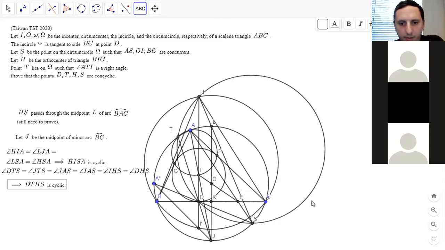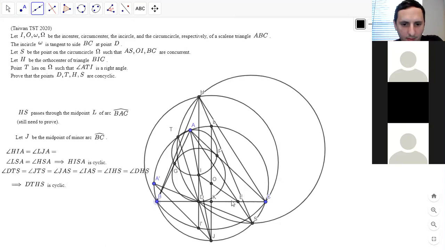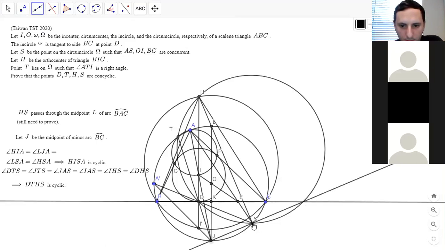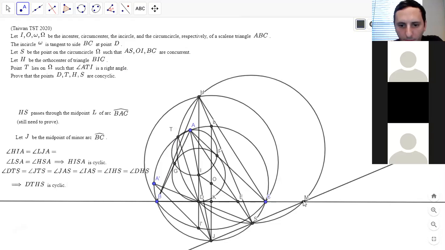Or I wonder if BC and SJ concur on this circle. Yes, interesting. BC and SJ look like they meet on this circle.